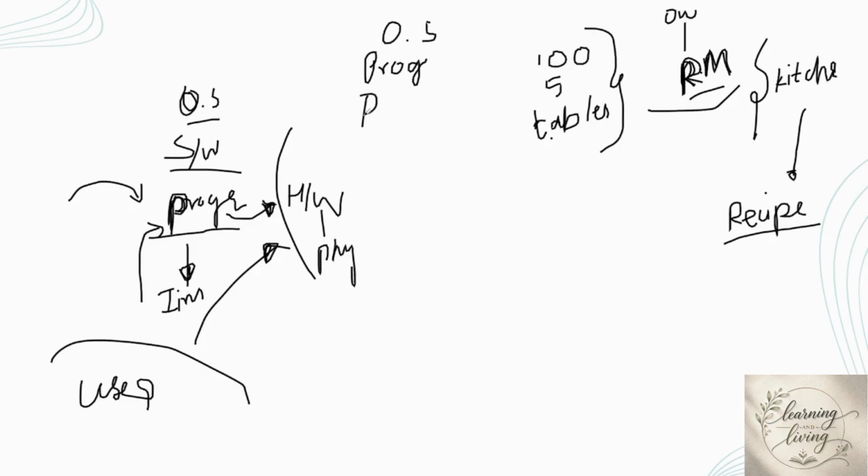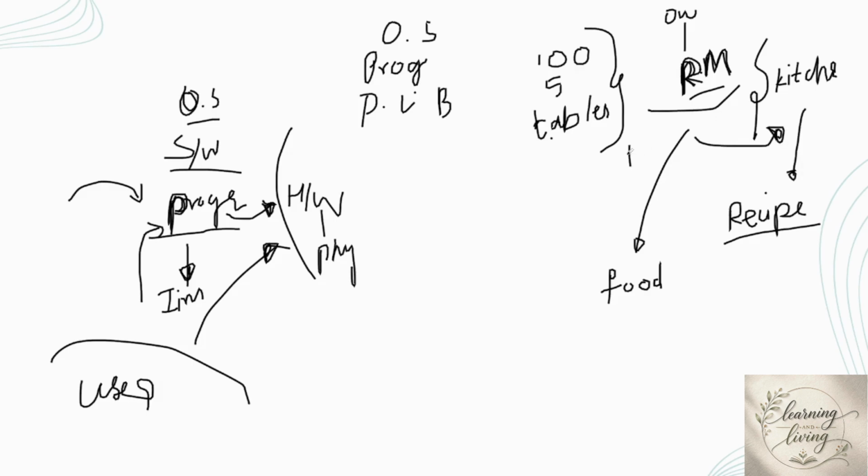Now let us understand about a process control block. When a customer orders for a food, what does our manager do? Our manager takes note of the recipe, takes note of the menu, and then gives it to the kitchen. But how does he manage it?